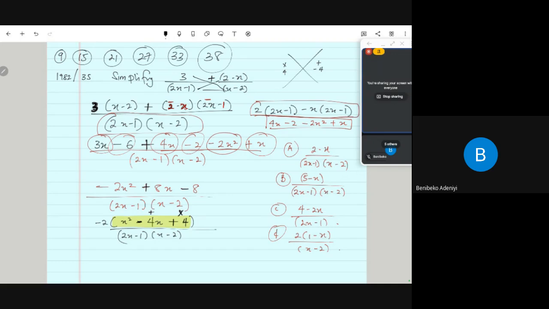So what are those numbers? That's minus 2 and minus 2. Minus 2 times minus 2 is plus 4. Then minus 2 plus minus 2 is minus 4. That's how we factorize. You think of two numbers that when you add would give you the middle number here.